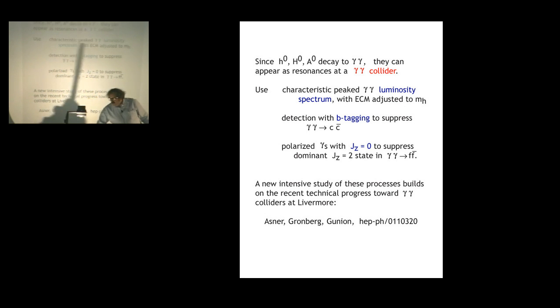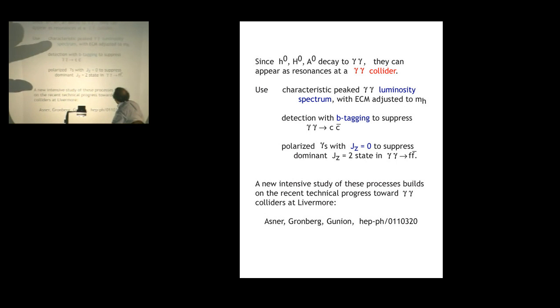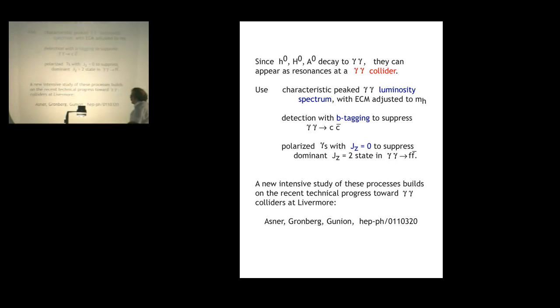You can further make use of the characteristic gamma-gamma luminosity spectrum, which you can adjust by adjusting the center of mass energy to peak right where the Higgs is. So in the case of a light Higgs where we'll know the mass, we'll know at what center of mass energy we should be operating the gamma-gamma collider. You can use B-tagging to suppress gamma-gamma to CC bar.